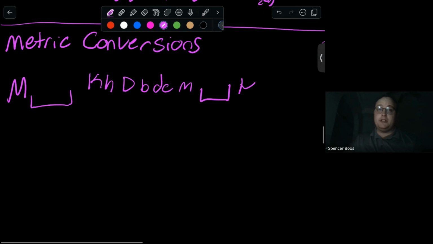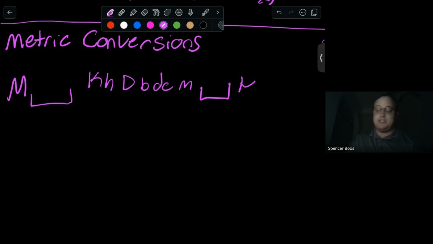So the specific question here is how many jumps is it from M to K? 1, 2, 3. Whenever there's a big gap like this, it is 2 jumps. Well, I guess technically 3 if you count it, right? You go 1 decimal, 2 decimal, 3 decimal places.